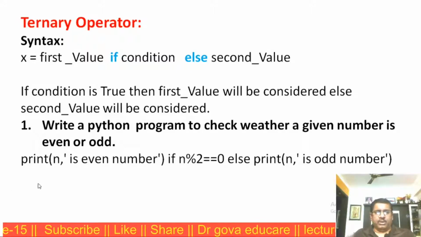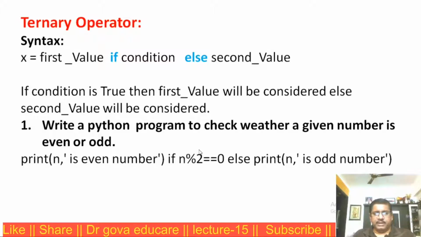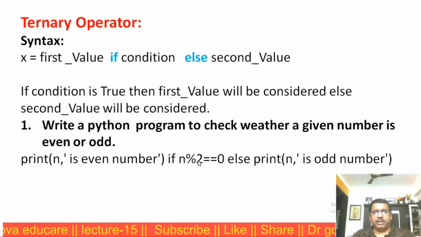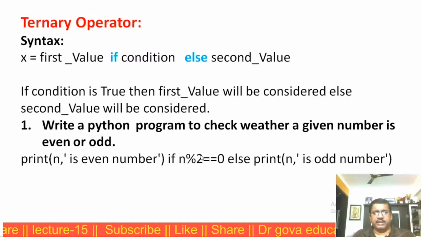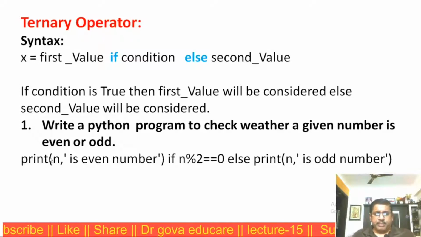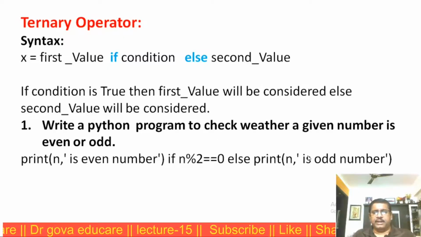Now observe here, this is the condition: the given number modulo division with 2 or not. If it is true, print n is even. If it is false, print n is odd.